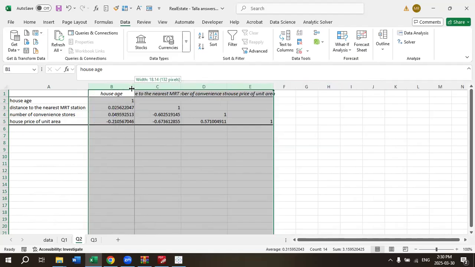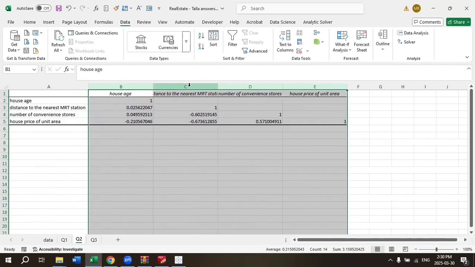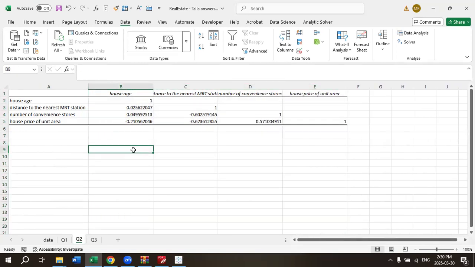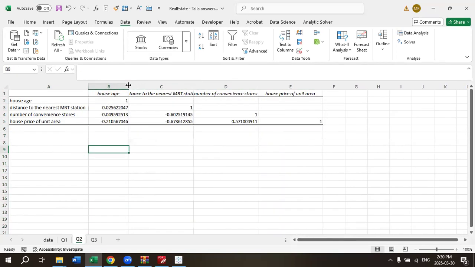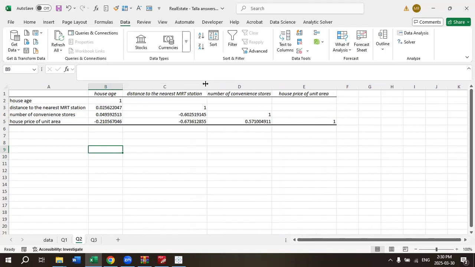I don't need to select all of them. So, distance from the MRT station, number of convenience stores, and house price per area.